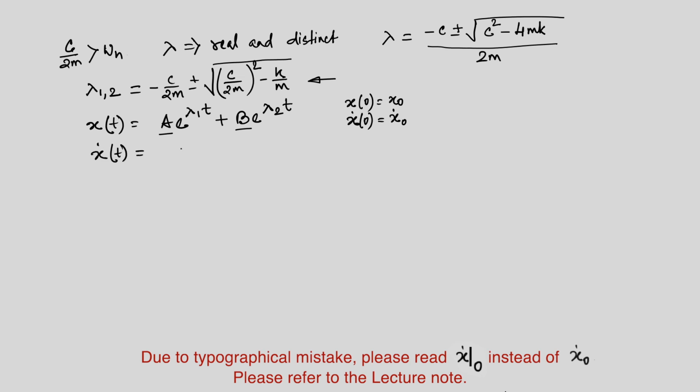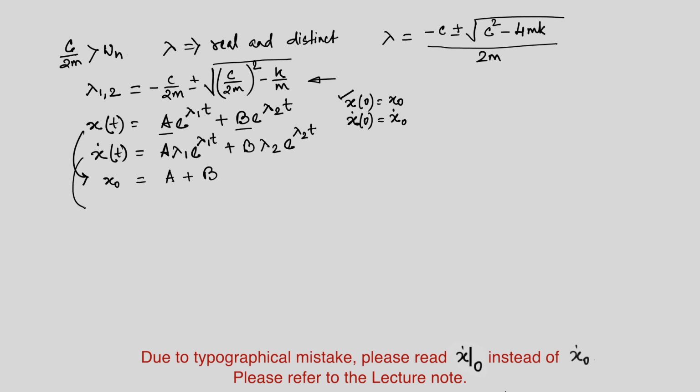If we differentiate this expression, we have a lambda 1 e to the power lambda 1 t plus b lambda 2 e to the power lambda 2 t. So, we can satisfy the first condition. At t equal to 0, we have x naught, which is equal to a plus b.